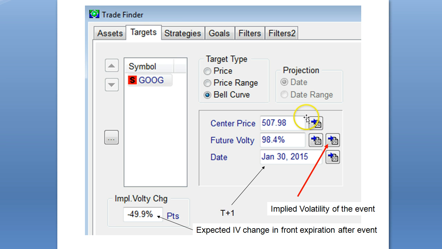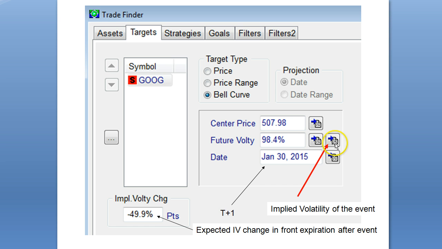Now a little nuance here is you then have to go down here to the date, type in T+1, click enter, and when that happens it will activate this second button right here. If you click this left hand button, it'll bring in the current statistical volatility.